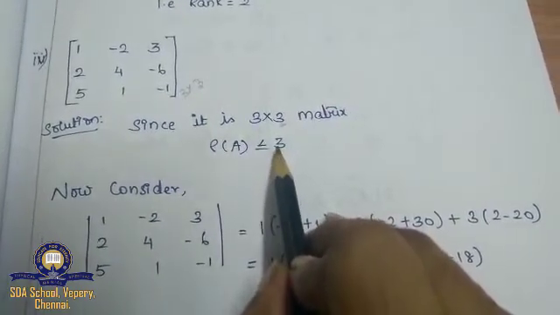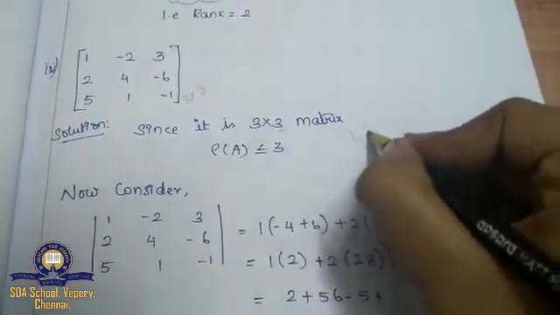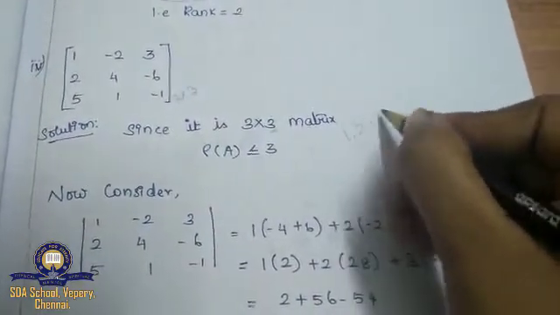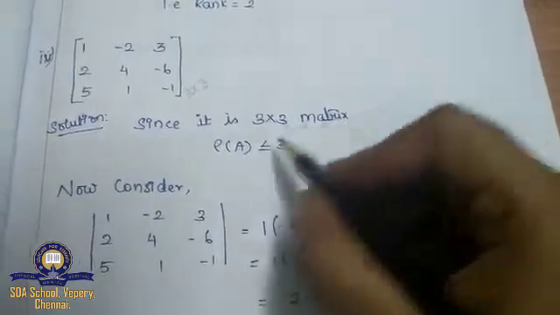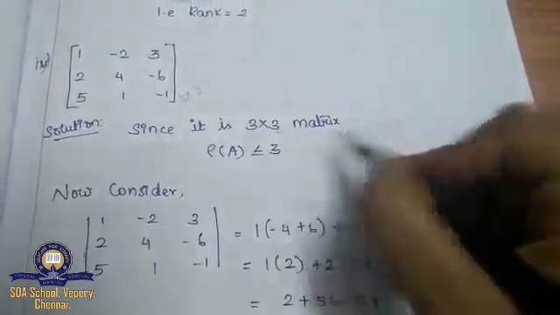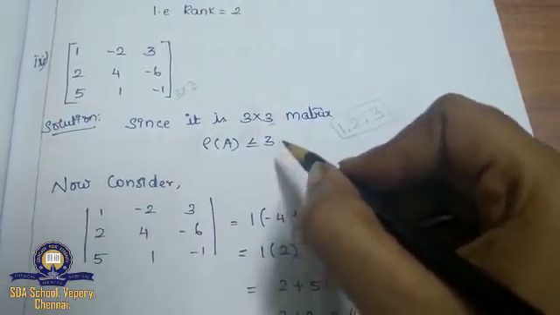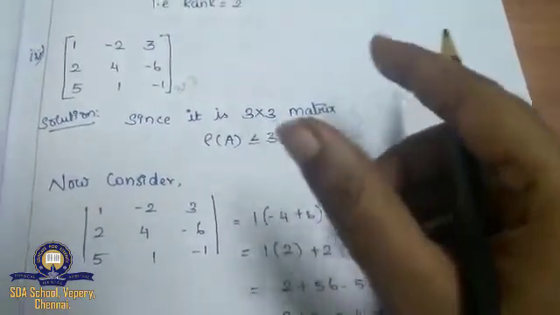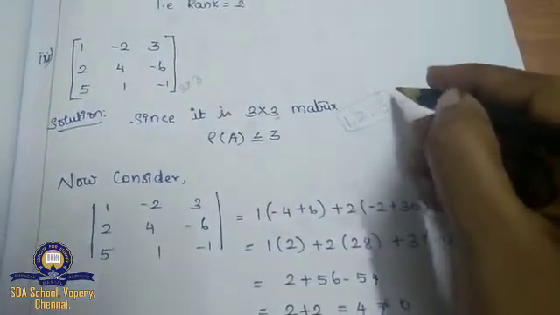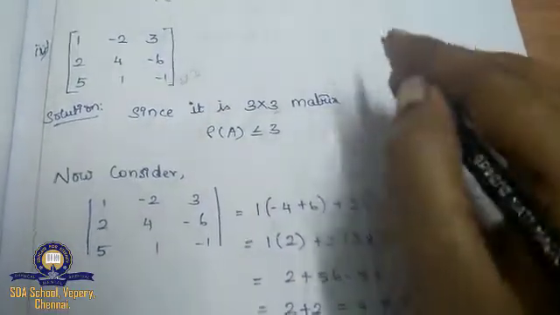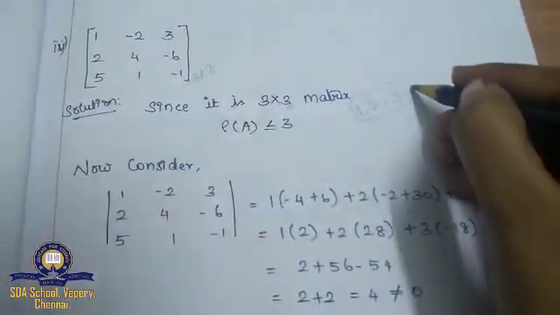So what are the possibilities? My rank will be either 1 or 2 or 3. These are the only possibilities. If I get some number other than 0 in the first determinant itself, my rank will be equal to 3. But if I get 0 in the first determinant, my rank is not 3.